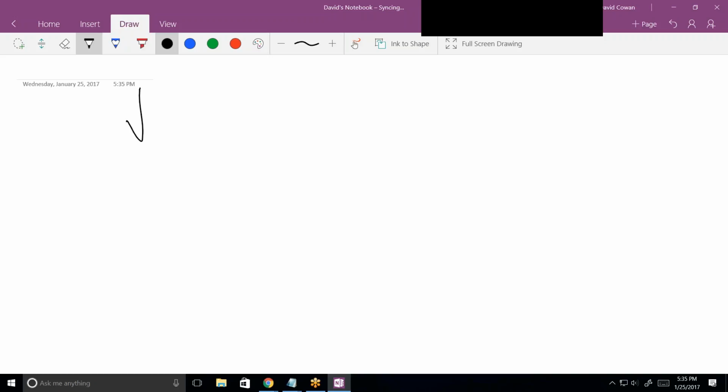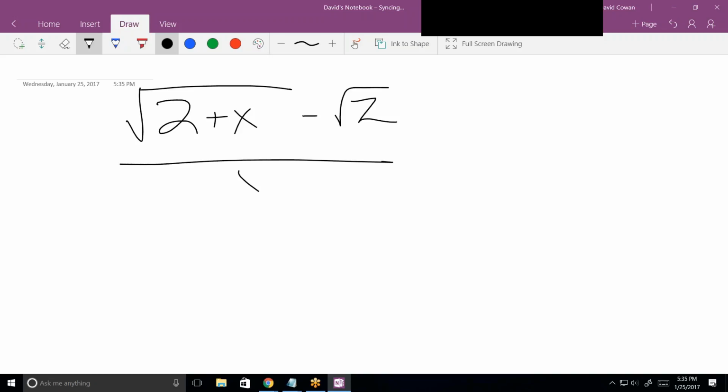Whenever you see radical signs, know that you're probably going to have to use this second technique. In other words, I can't factor this, right? And this is a limit as x goes to 0. So I'm going to get 0 over 0, right?